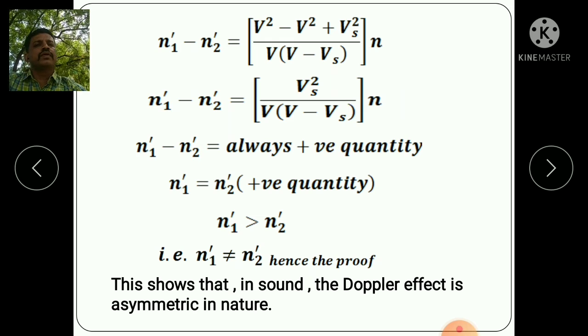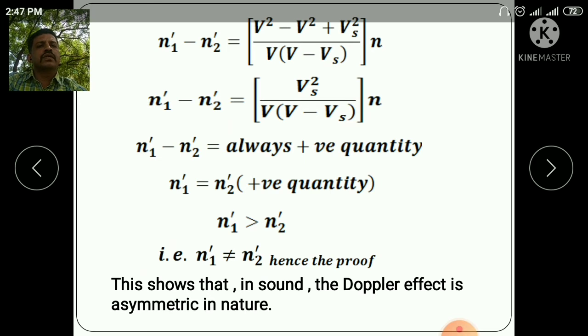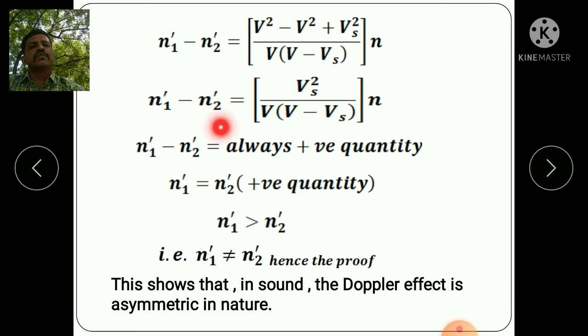If we solve the bracket, v square minus v square plus vs square, so v square minus v square will cancel. Therefore n1 dash minus n2 dash equal to vs square upon v into (v minus vs) into n.